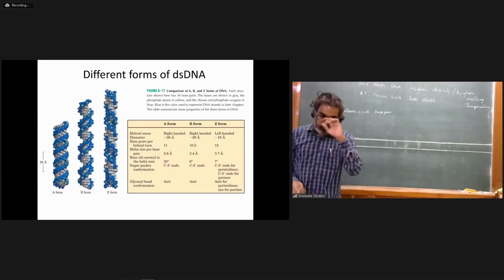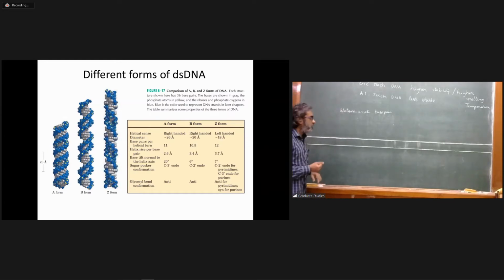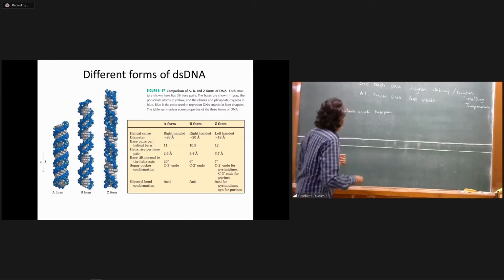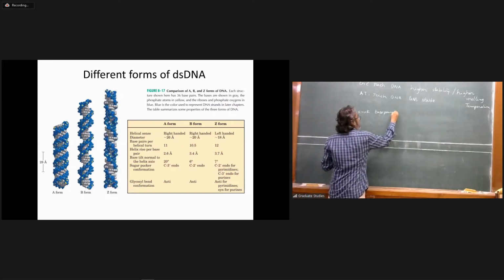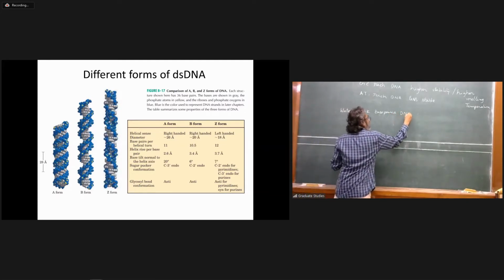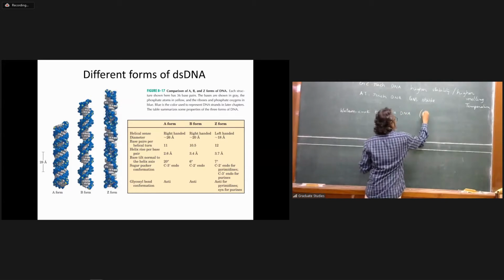But if you allow relaxations through these single bonds, there are other structures which are possible. Watson-Crick base-paired DNA is very well known as B DNA.